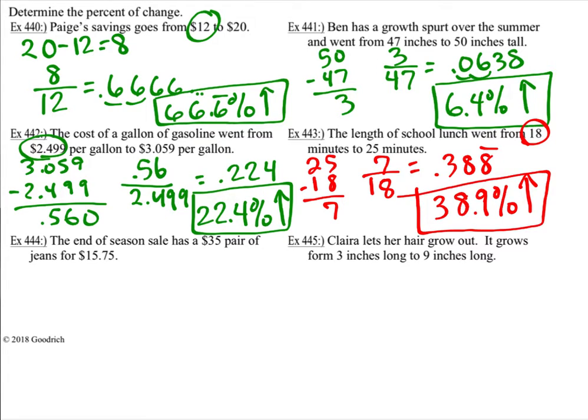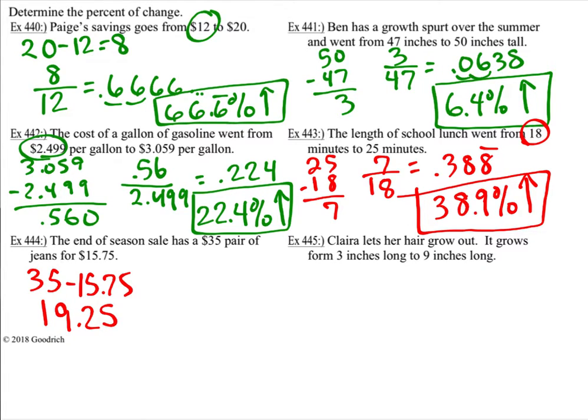Well, so far everything's been increasing. Example 444. The end of season sale has a $35 pair of jeans for $15.75. All right, first thing we would do is find out the amount of change. 35 minus 15.75, and that is $19.25.